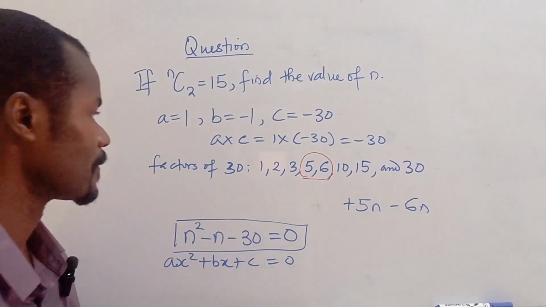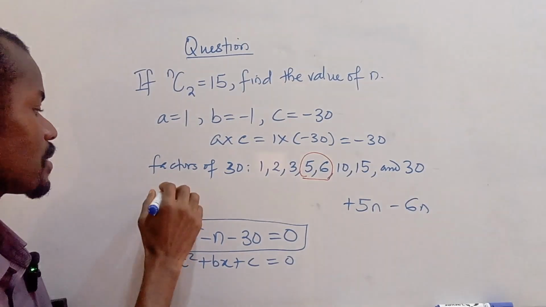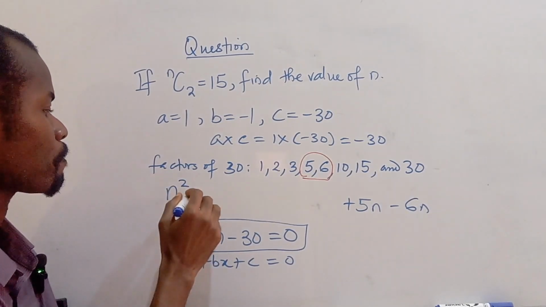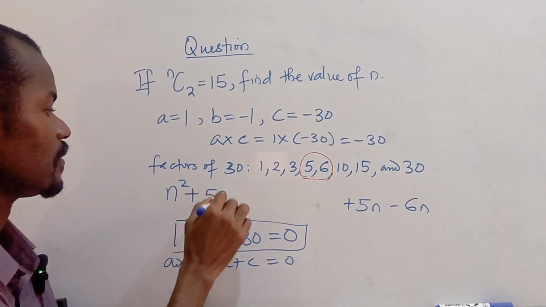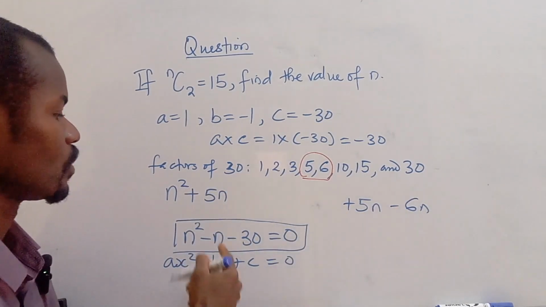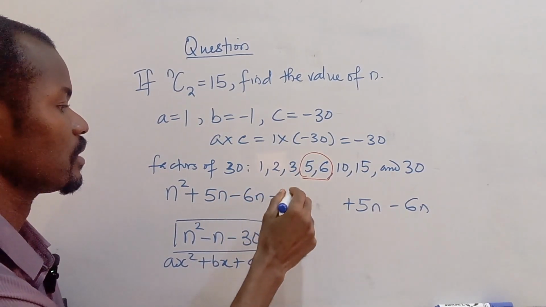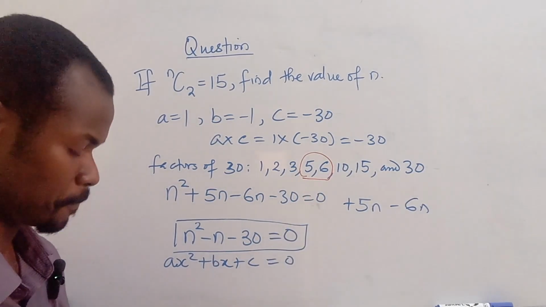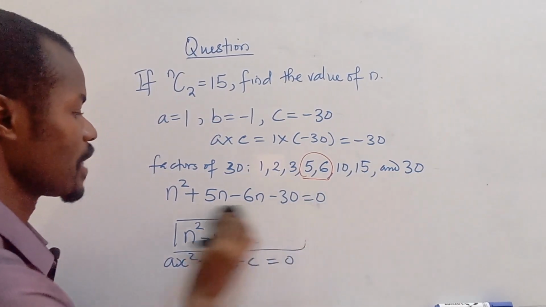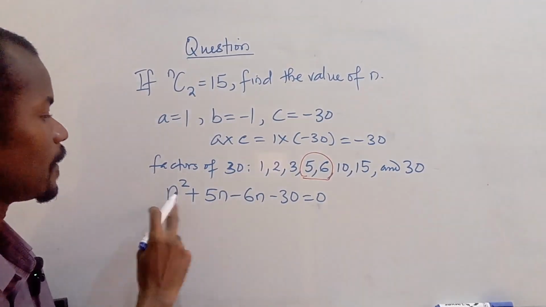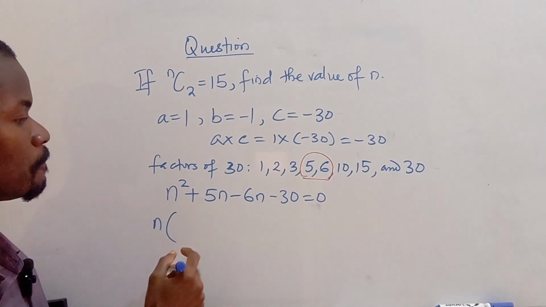So we are going to get this expression as n squared plus 5n minus 6n minus 30 is equal to 0. Now from that we can factorize. What is common here? n is common.